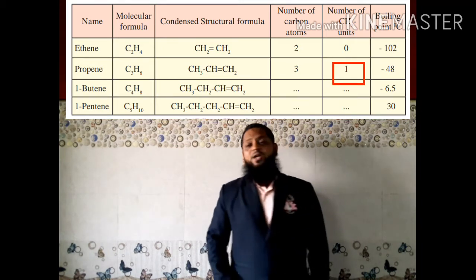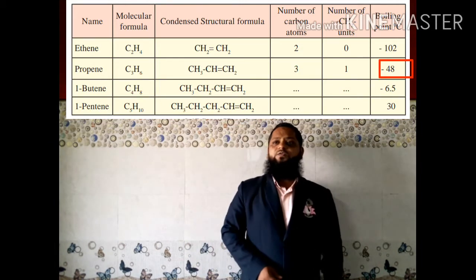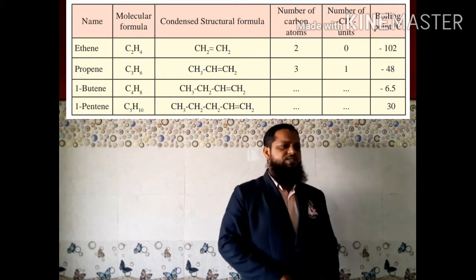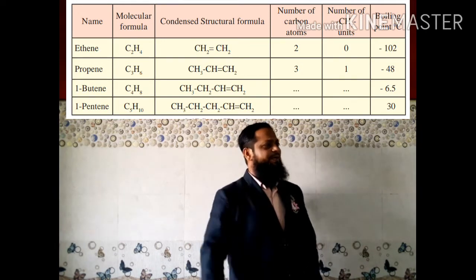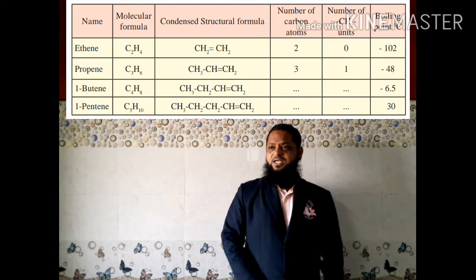The boiling point of propene is -48 degrees Celsius. So this is all about the homologous series of alkenes and alcohols.